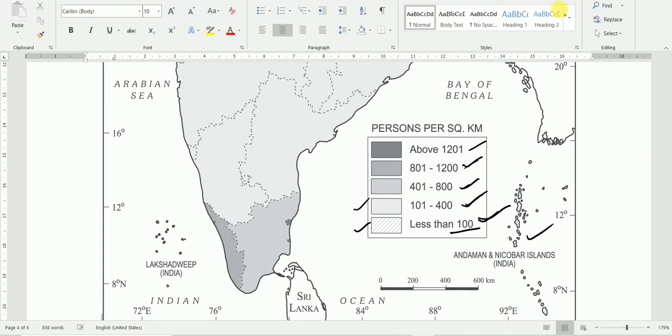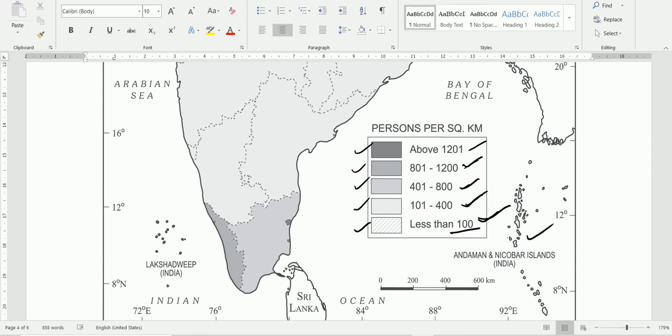So here in your textbook, sets are used. Instead of sets, you may use the tinting method also. You may select any color, for example, green or red, and you have to paint all the states with different density in this way.